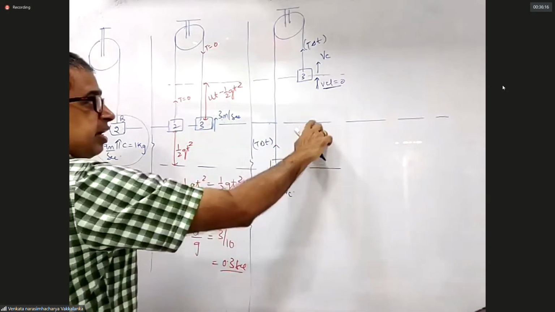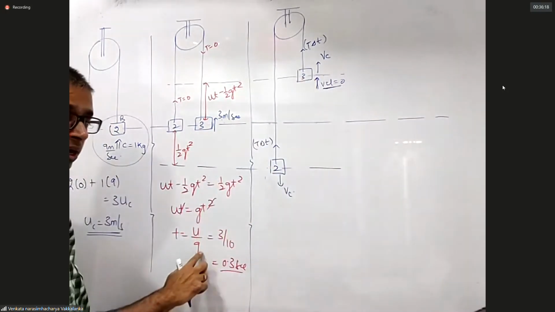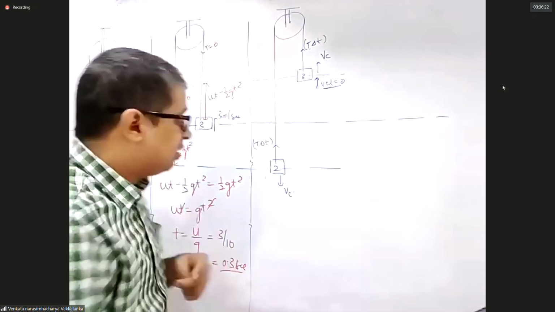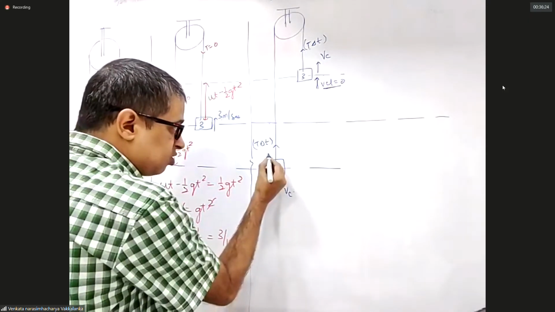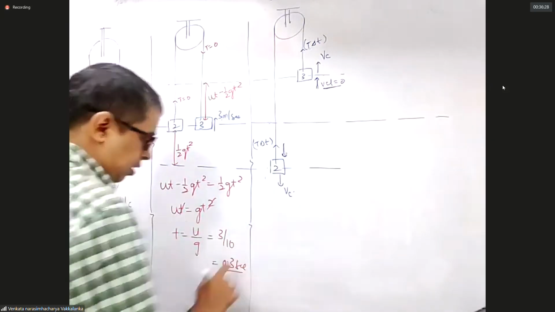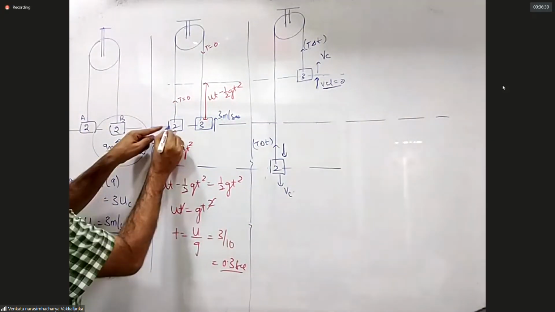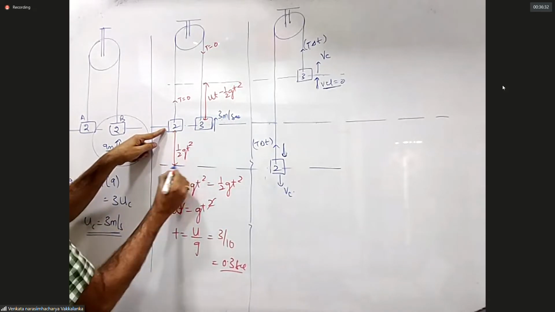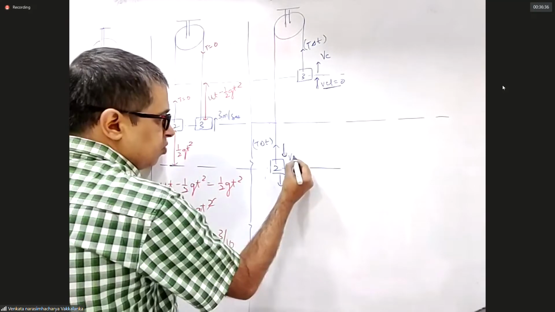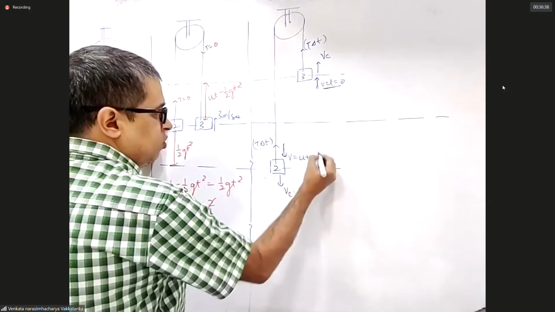The time taken for it to reach till here is u by g, which is the time taken to go to the maximum height. So I should find out the velocity here also just before the string became taut. 0.3 seconds, my initial velocity is 0. What will be the velocity acquired here? V is equal to u plus gt.